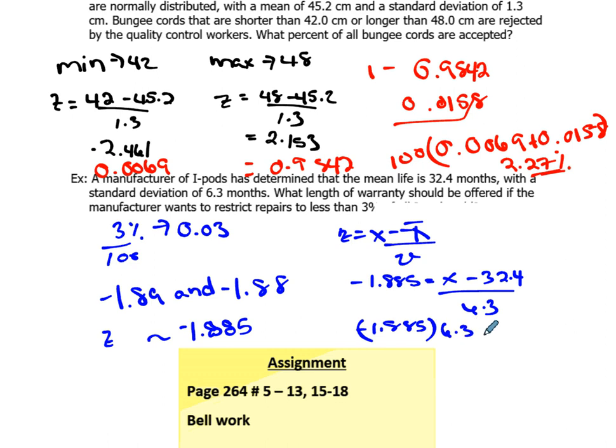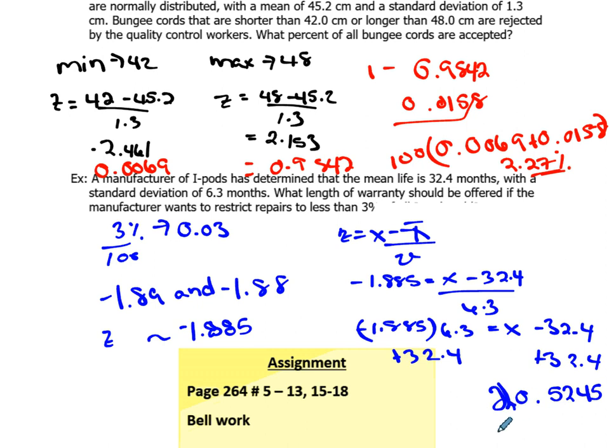That's going to give me X minus 32.4. And then we're just going to add 32.4 to both sides, and we're going to get a number of 20.5245. So if they wanted to keep it under 3%, they're going to have approximately a 20-month warranty in order to keep it under that 3%.